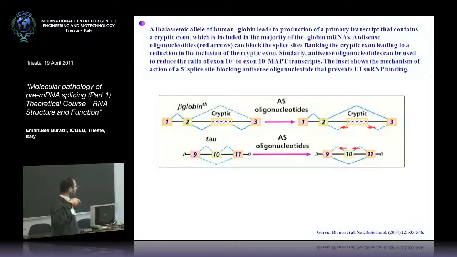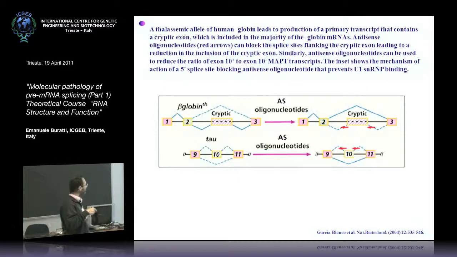This is just some of what I think are the most significant examples from a beautiful review by Garcia Blanco a few years ago. Now there are several other approaches, but the approaches that I'm telling you about are the ones that are actually being tested for efficiency in a clinical setting.